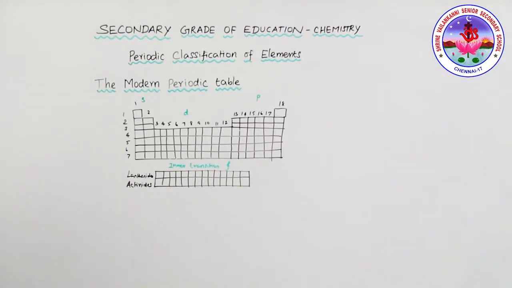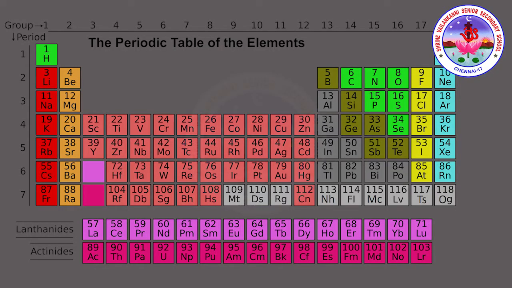I will show you the modern periodic table. See, this is the modern periodic table. Can you see the first two groups, starting from hydrogen? Hydrogen is placed as the first element, then helium is in the last group, group 18.